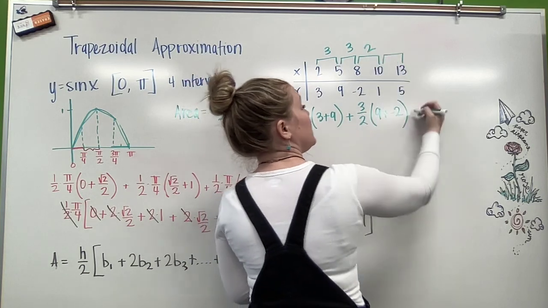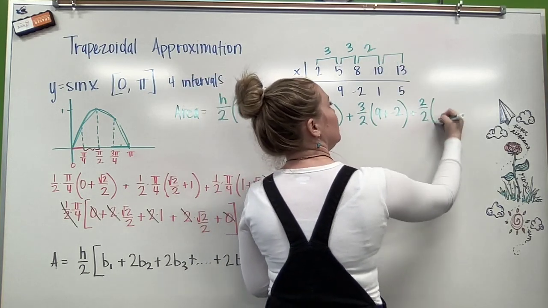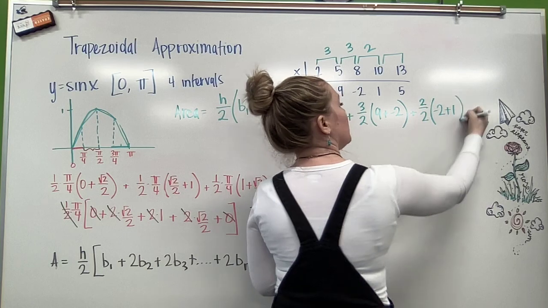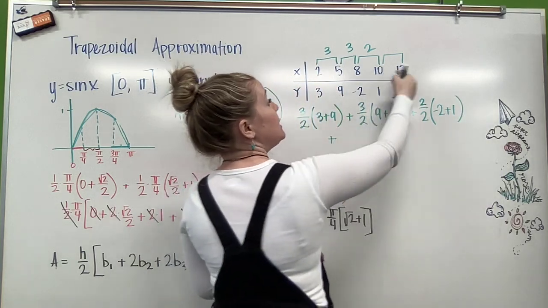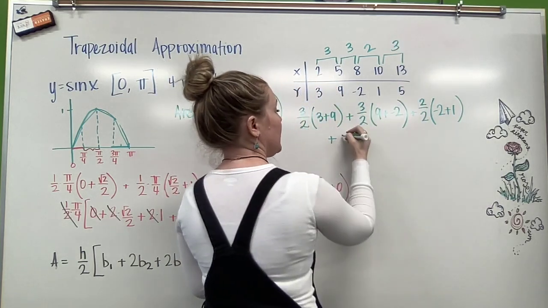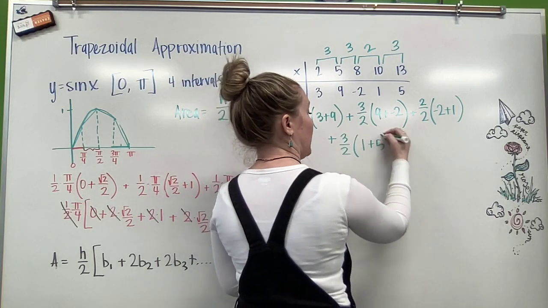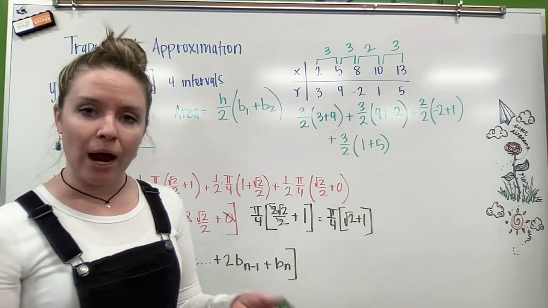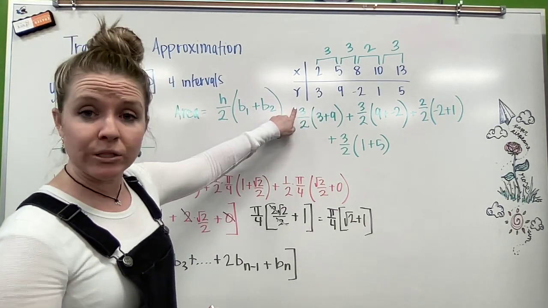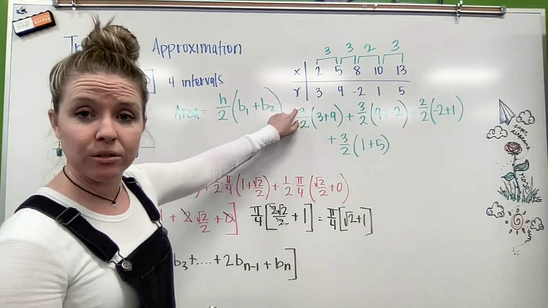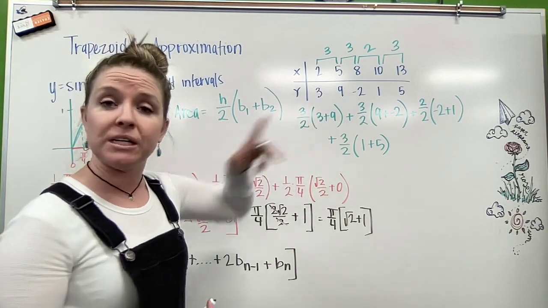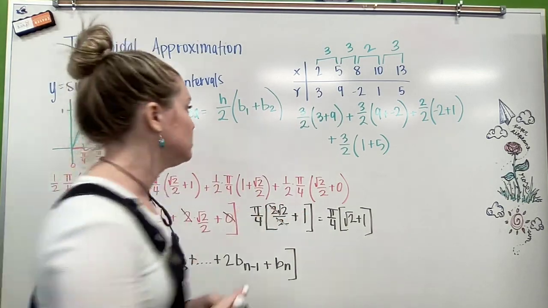8 to 10, I have a height of 2, and then that's negative 2 plus 1. I have to move down here. 10 to 13, that's 3 over 2, and then 1 plus 5. So there's my trapezoidal. The height, which is the distance between our x values, and then our base 1 plus base 2 are our y values.